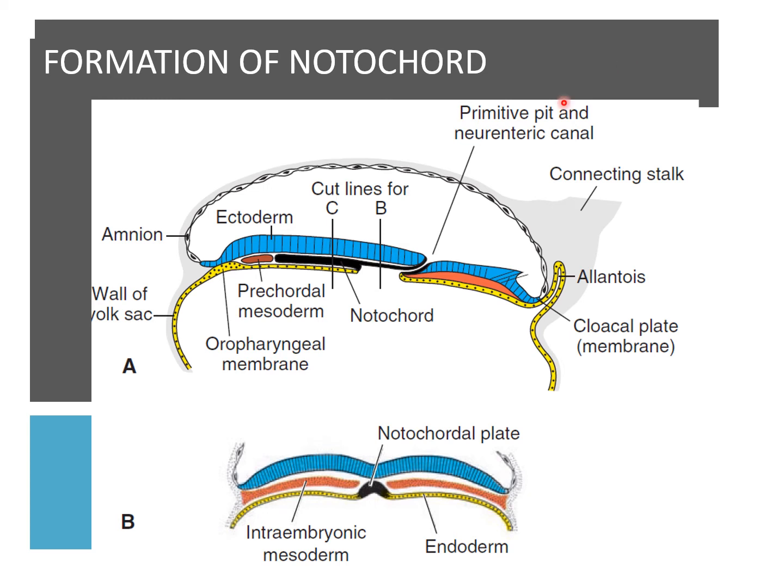With the formation of the cloacal membrane at the caudal end of the embryonic disc, an extension of the yolk sac would be formed, and that extension would be the allantois that you can see here.